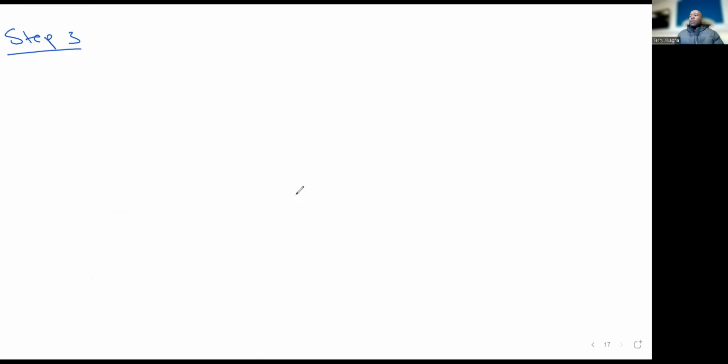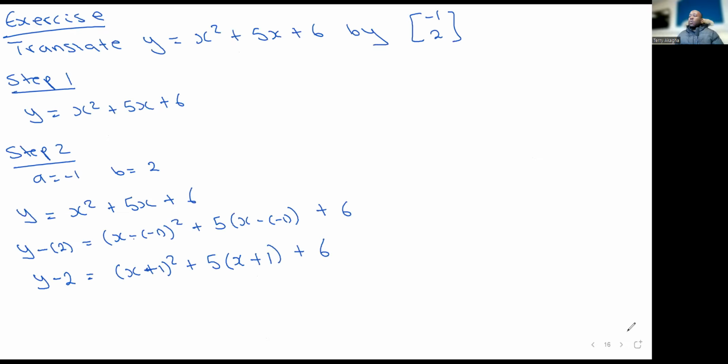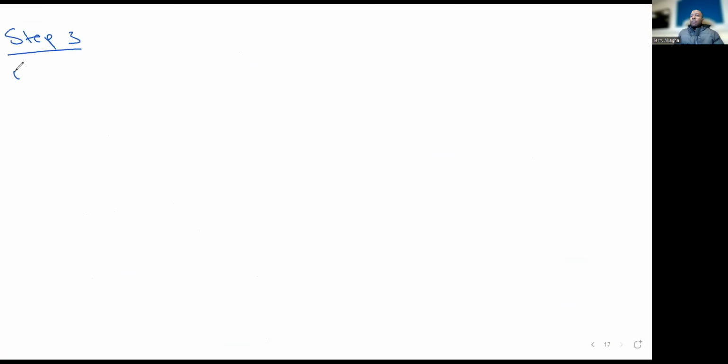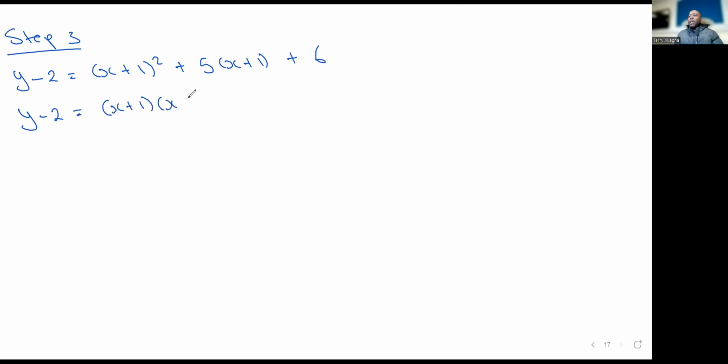We had y minus 2 is equal to x plus 1 squared, plus 5 into bracket x plus 1, plus 6. Now x plus 1 squared means x plus 1 times x plus 1, plus 5 into bracket x plus 1, plus 6.